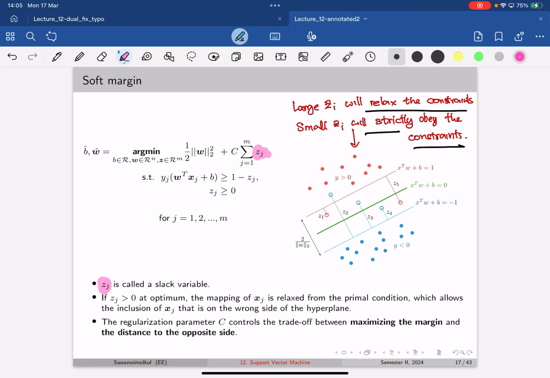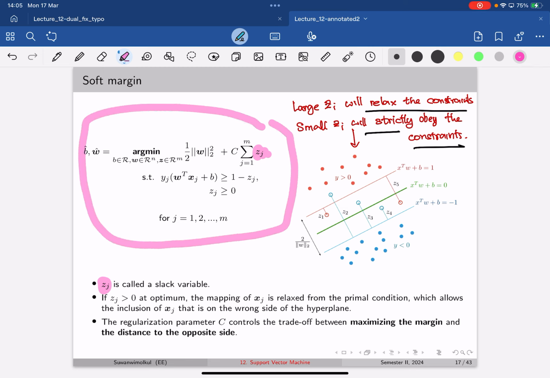And if we want to turn this soft margin SVM into a dual problem, it is possible. But if you want to do that, you have to consider these three variables as part of your problem.